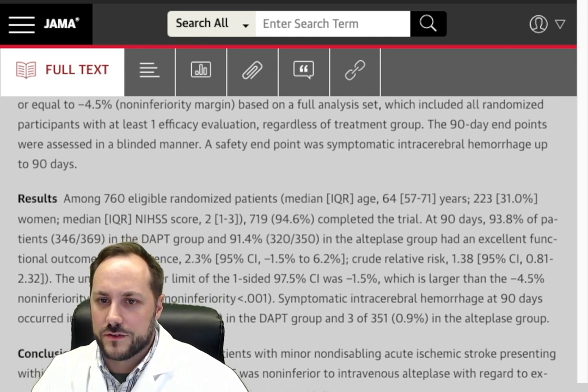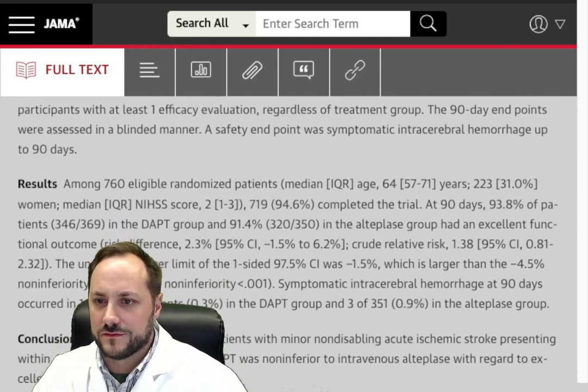And so then they found through the results here that a large number of the patients were able to complete the trial, and at 90 days, 93.8% of patients in the dual antiplatelet group and 91.4% in the alteplase group had excellent functional outcome.